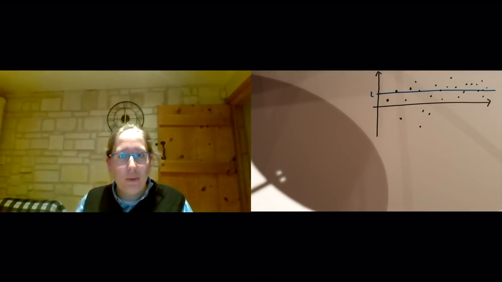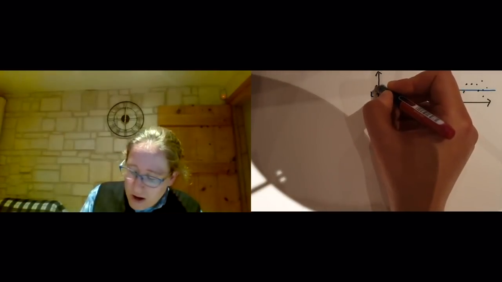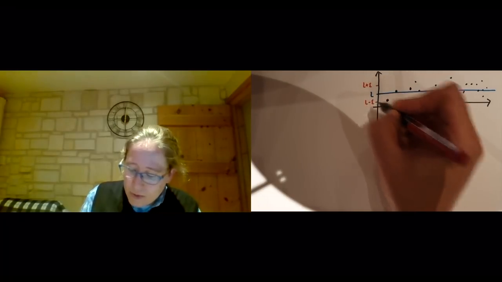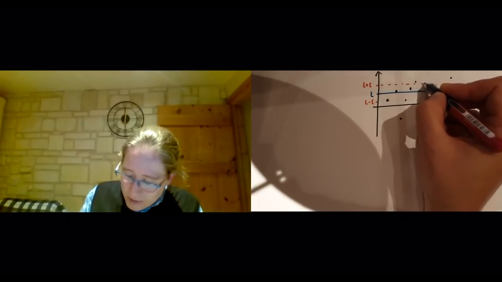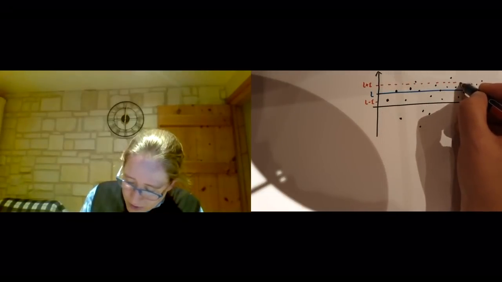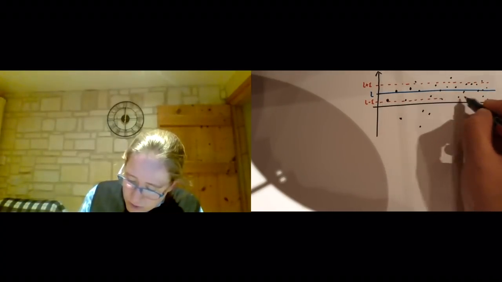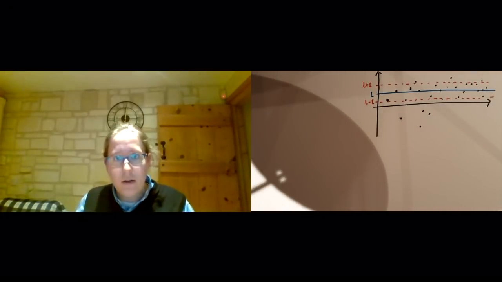And then our evil opponent comes along, and our evil opponent challenges us with a small positive epsilon. So maybe they challenge us to epsilon is 0.1. What does that challenge mean? It means that we draw in horizontal lines at height L plus epsilon and L minus epsilon. I'm doing these as red, and I also do them as dashed lines, to make them clearly distinct from the blue line at the limit L. So we draw on these lines at L plus epsilon and L minus epsilon.